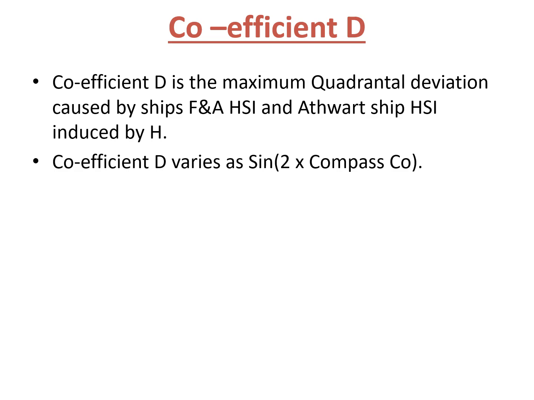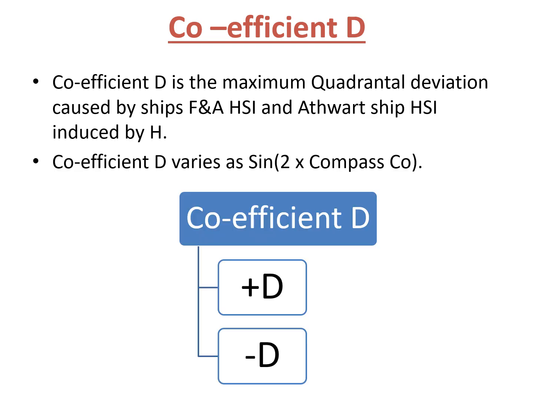So that's why this coefficient D varies as sine 2 compass course, and as usual, like the other coefficients, D also has plus D and minus D. And you see, for coefficient D we don't have any permanent magnetism, so the reason for coefficient D is fully induced magnetism, right?